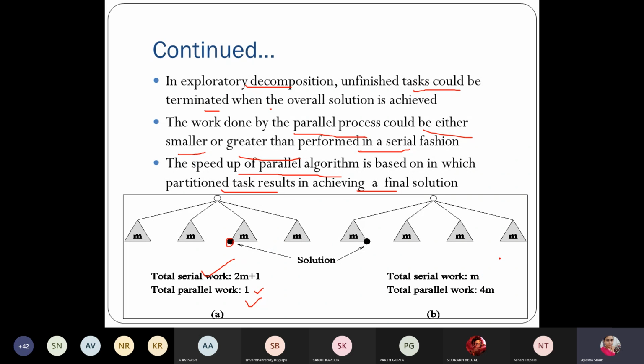So total serial work is m. But the total parallel work here will be 4m, because all the work will be done in parallel. By the end of completion of this work, this also might have been completed. So we will consider the total parallel work as 4m.